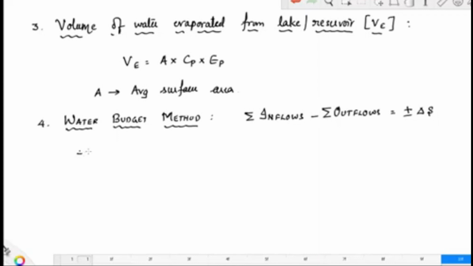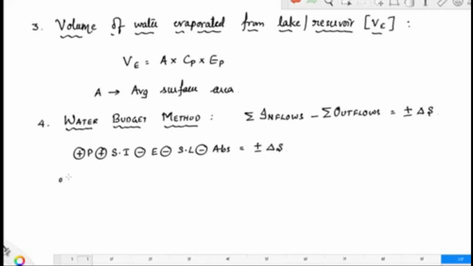So rainfall is positive plus surface inflow minus evaporation minus seepage loss minus you can take abstraction. This is equal to plus or minus delta S.